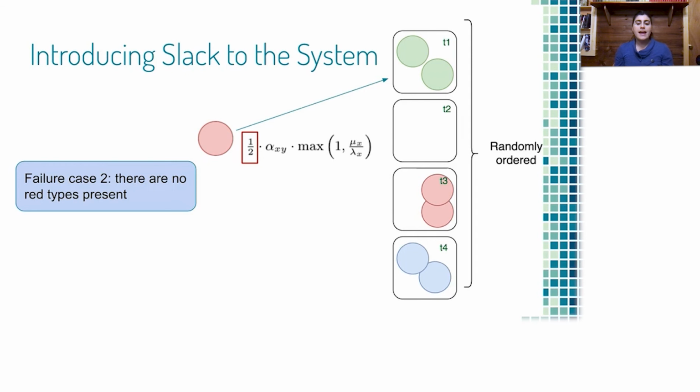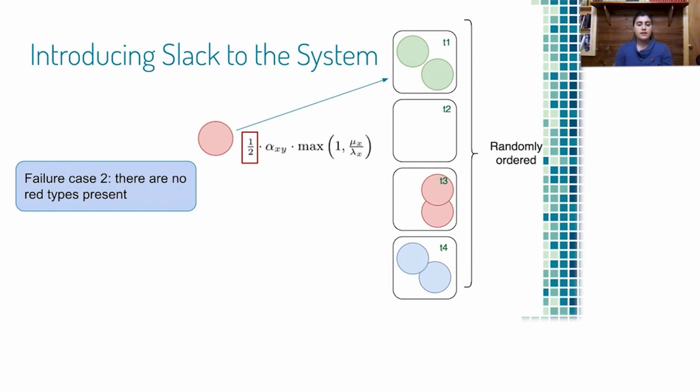So note that by having this 1/2, we're making it more likely that when some type arrives and tries to match to all waiting types, it's going to end up deciding not to match any of them, even if they're there, and just decide to wait in the system itself. And this slack is designed to help deal with this failure case too, that there's no red types present, right? So we want to have some guarantee that, in fact, we have a pretty reasonable chance of there being a red type present, so that when this blue is arriving, we're matching with the red type a lot of the time.